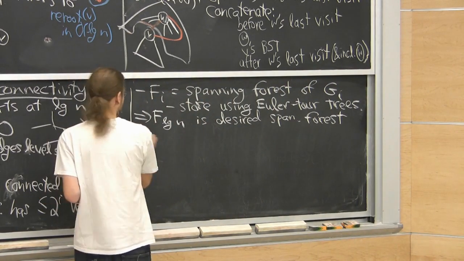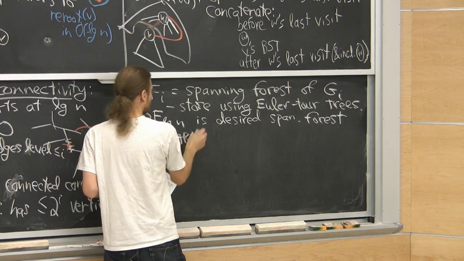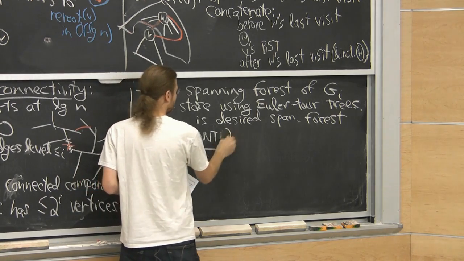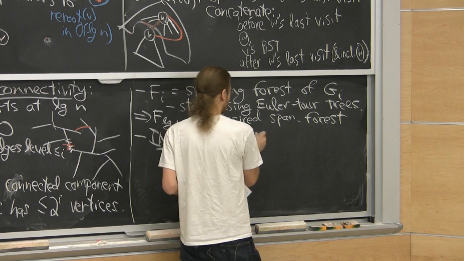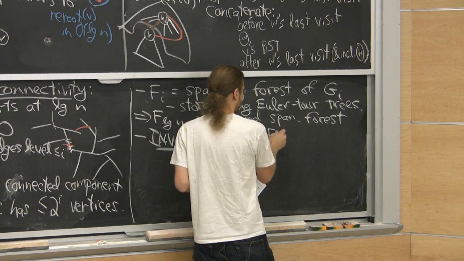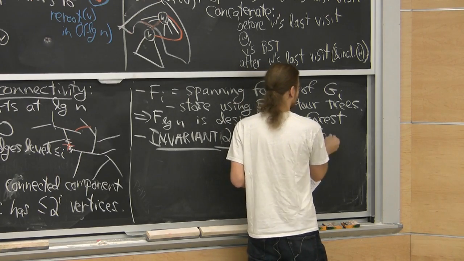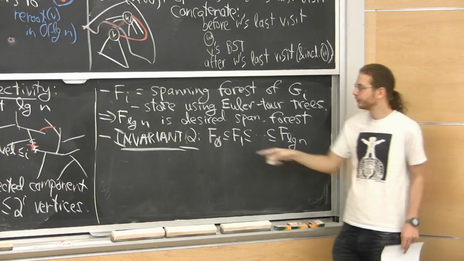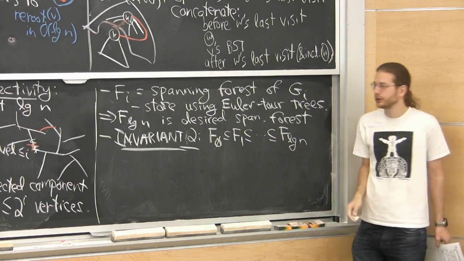Okay, now second invariant. This is where things get interesting. Invariant 2: the forests have to nest. So F_log n, of course, has the most edges. F_0 is going to have the fewest edges, but I want them to be contained in this nested structure.